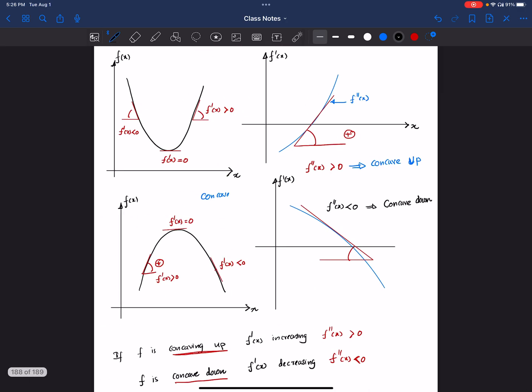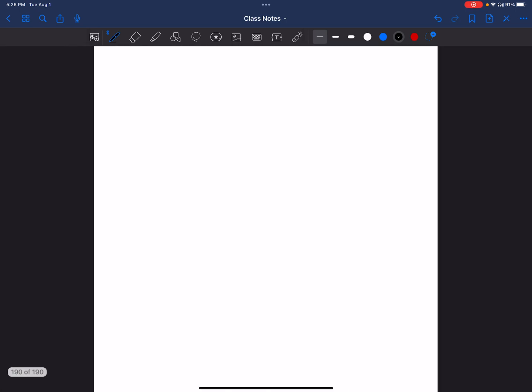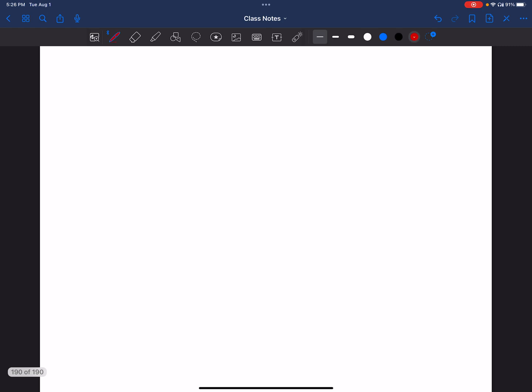So let's summarize what we learned now. For concave up functions, the sign of f double prime of x is greater than 0, and when concave down, the sign of f double prime of x is less than 0, right?